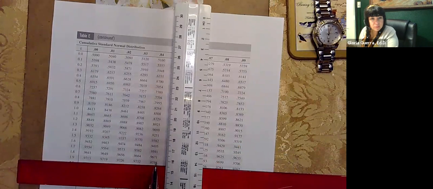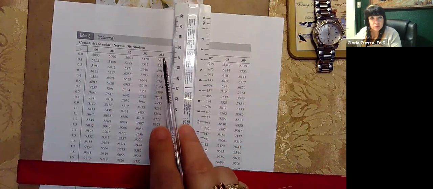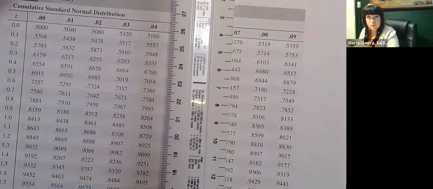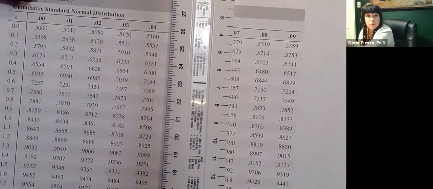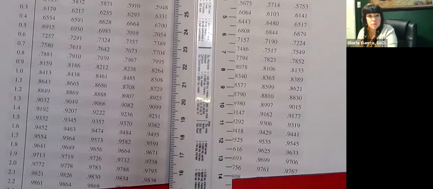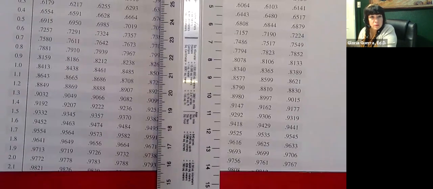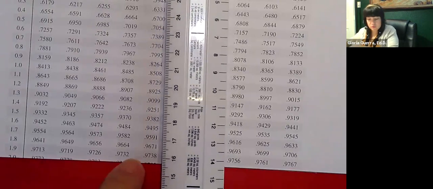So wouldn't it be that number right there, class? 1.9 and then 0.04. That gives you this 9738.